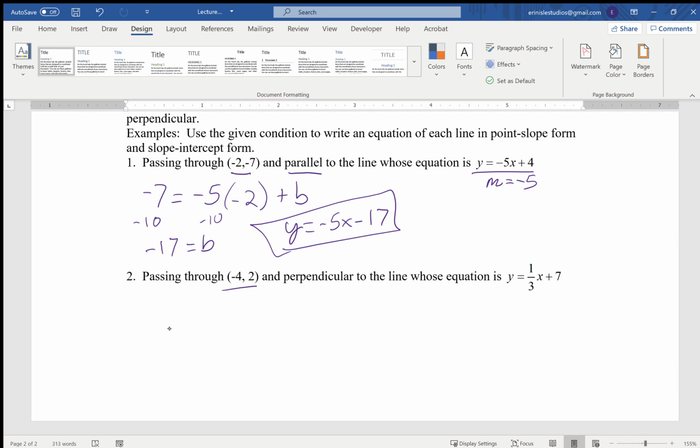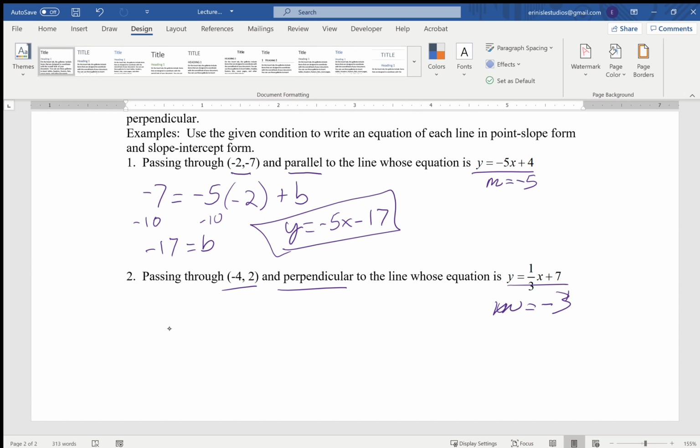All right, passing through and perpendicular to, which means that my slope is going to be -3. I'm sorry, perpendicular. Yes, that's correct.